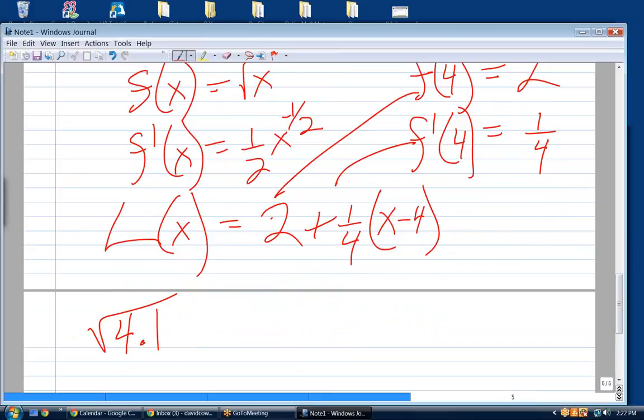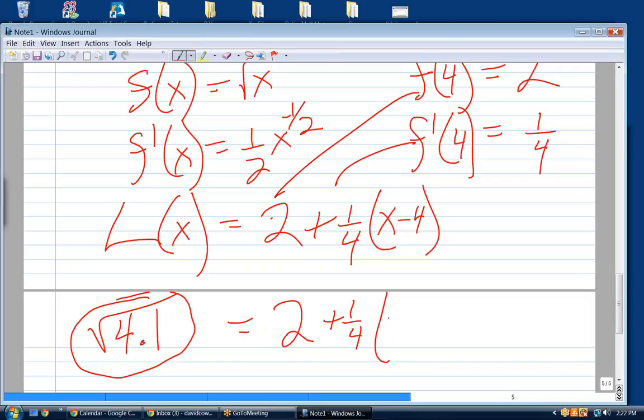This will tell us. Because we are so close to 4, the linearization of this should give us an excellent approximation of that answer. And x is going to be 4.1. So it's going to be 2 plus 1/4 of 4.1 minus 4, which is 0.1.